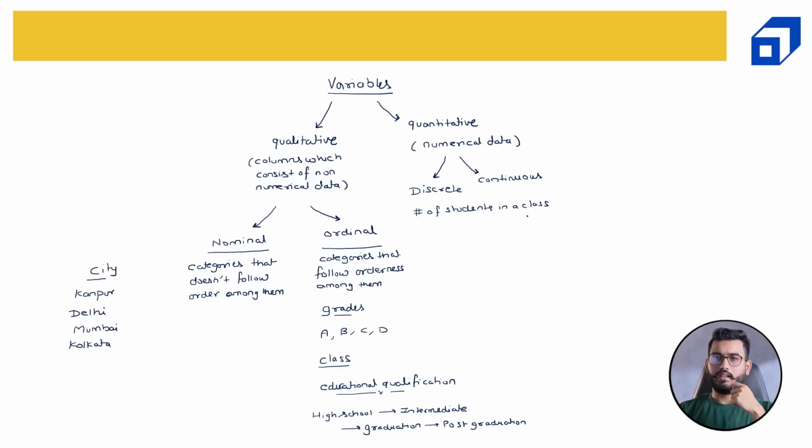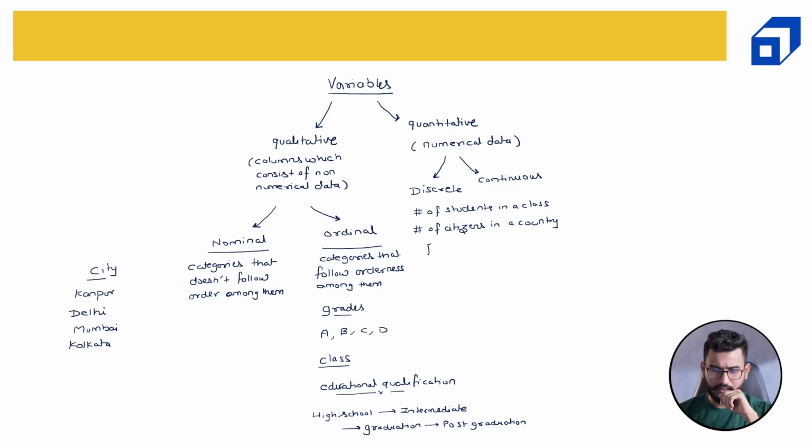We know that a class can have 2 students, 3 students, 4 students, 100 students, 200 students, but a class cannot have 22.57, because this practically does not make any sense, right? So this is a discrete quantitative variable. Similarly, number of citizens in a country, again, it will always be a natural number which is countable and finite.